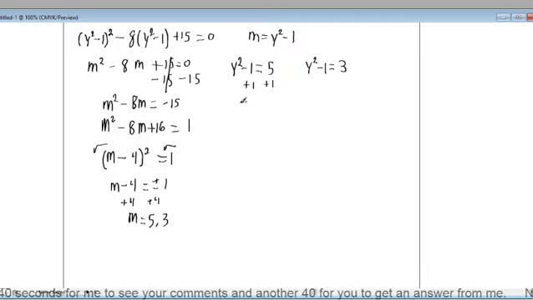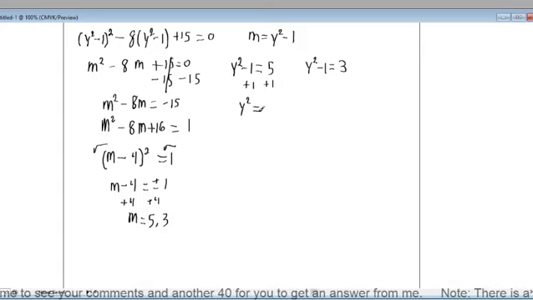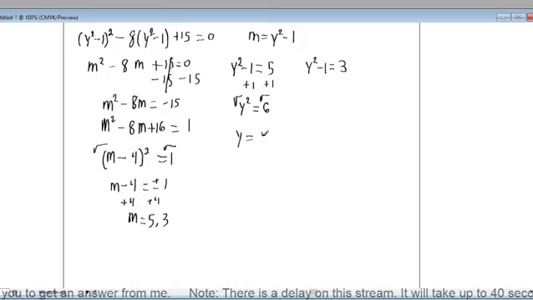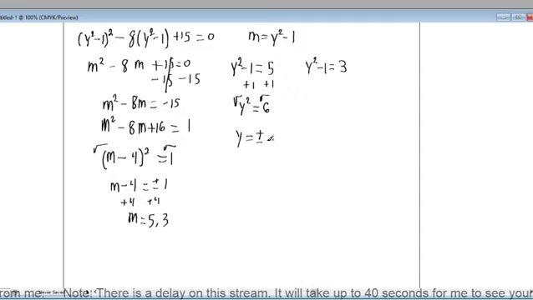That'll give me y squared equals 6. Then take the square root of both sides. That'll give me just y. And on this side, we have plus or minus. Let's try that again. Plus or minus the square root of 6.